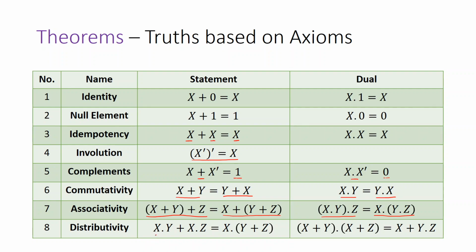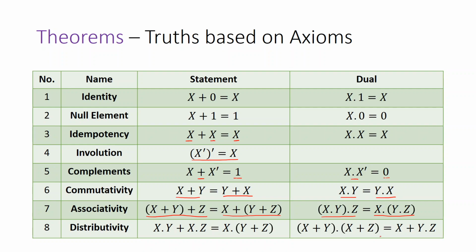Distributivity says that the OR and the AND can be distributed over each other. Now this statement basically means what is written here. So x and y or x and z is x and (y or z). If you read it in a dot and plus way, it is very evident, right? But this one would not be evident.